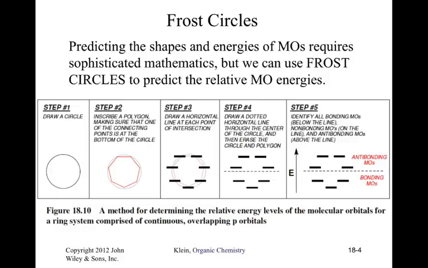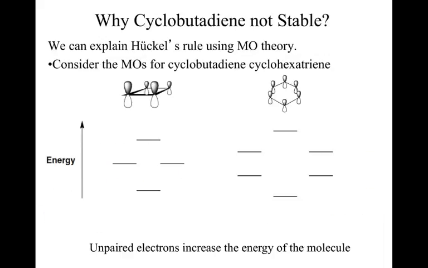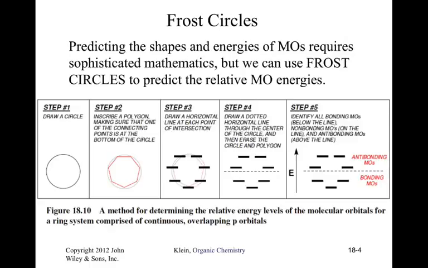We can predict the energy and shapes of our molecular orbitals through complex calculations, but we could use a Frost circle to predict their relative molecular orbital energies, which is what we did over here. We aren't quantifying anything, we're just saying this is where they are relative to each other. So when we go to a Frost circle, it's going to set us up pretty darn close. Our steps: draw a circle. Well, that could be pretty challenging.